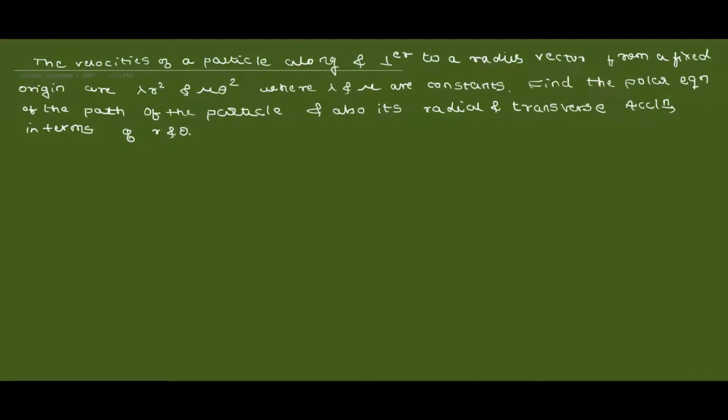What do you mean by the velocity of a particle along? That means radial velocity. So given that radial velocity means velocity along the radius, and the radial velocity is nothing but r dot, and the r dot is given, that is lambda r square.